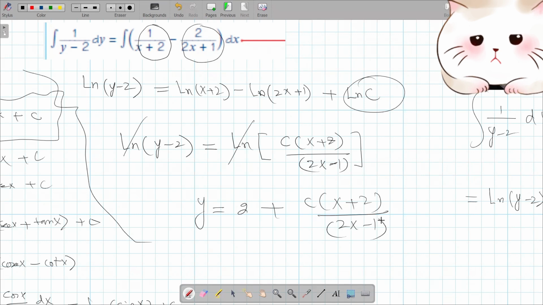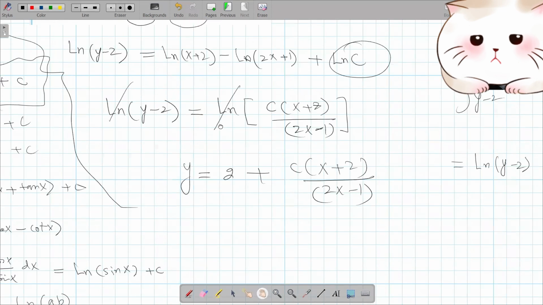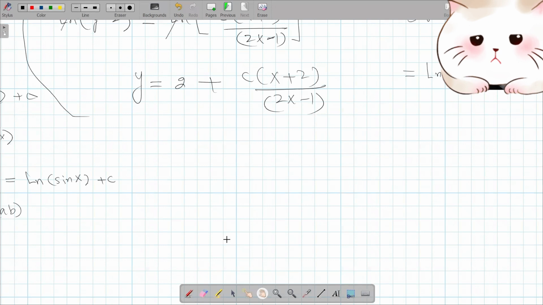Is it clear? Now here we are getting some explicit kind of general solution. This is the general solution. But we need a particular solution here. So what do we do in order to find the particular solution? We need to find the value of c. How do you find the value of c?